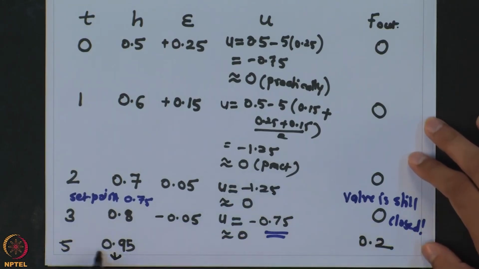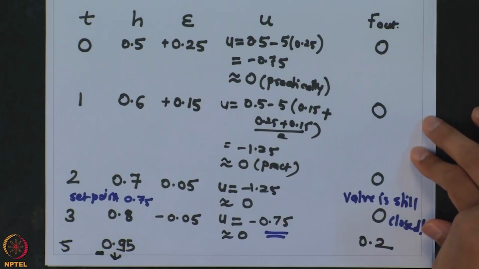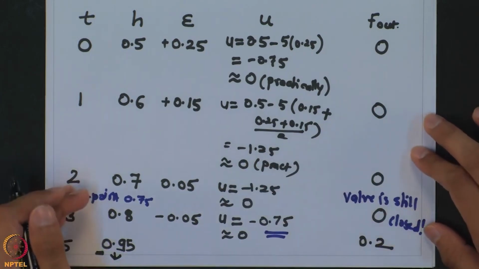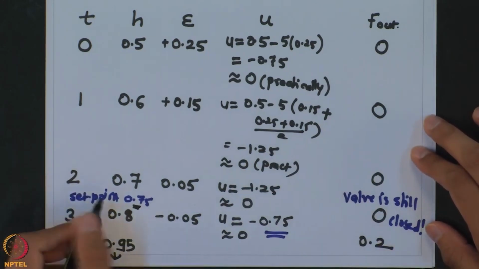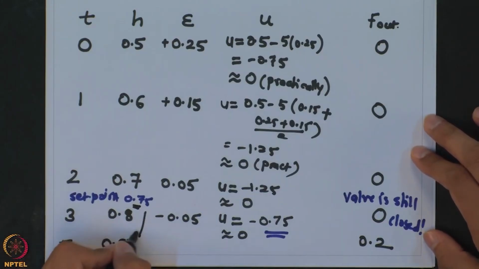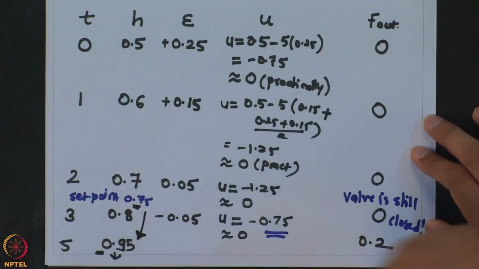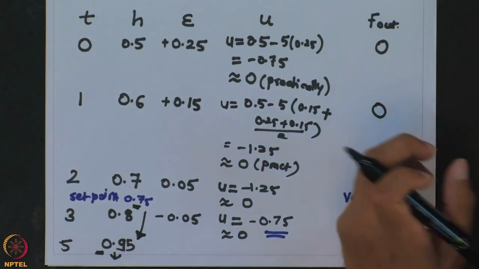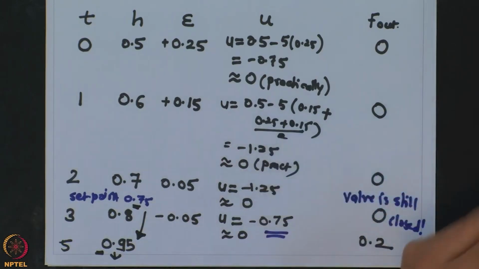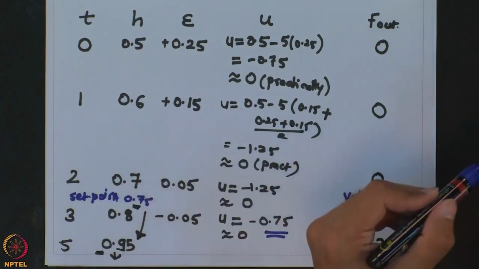So, the level will reach a value of 95%. So, the tank will be almost full, even though the set point was 75. So, the offset or the overshoot was almost 0.2, and this whole thing is happening because you are penalizing the integral action.